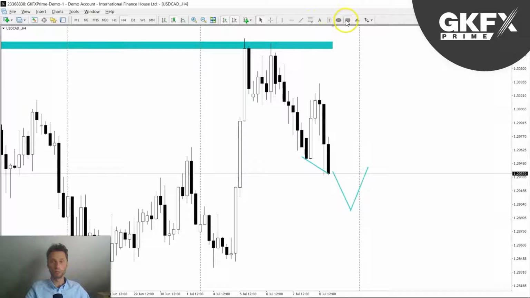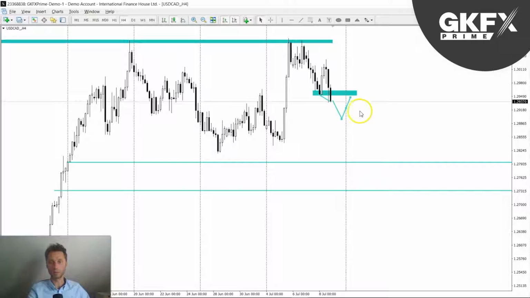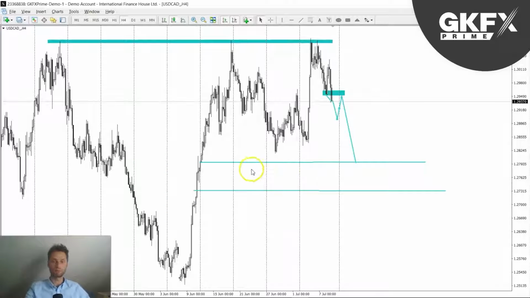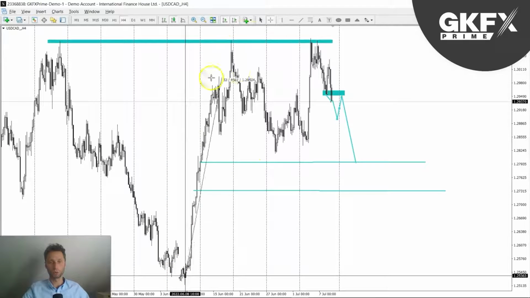We could form an area of interest somewhere up here. That will be possible. And if the market pulls back, I'll be looking for a continuation to the downside to reach this 1.28 level, which would be the 50% retracement of this whole move up here.